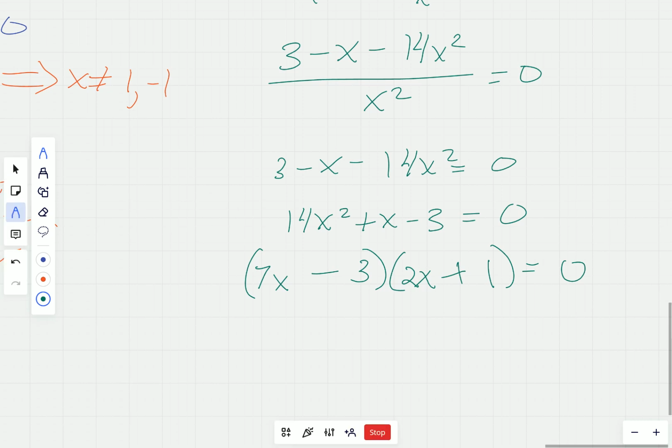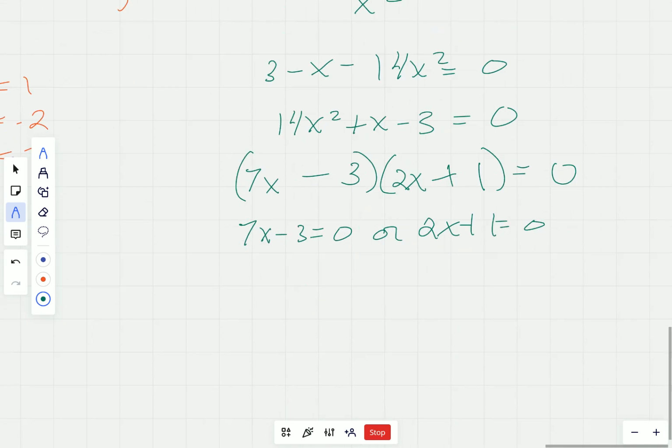Now, let's figure out what values of x satisfy this equation. (7x minus 3)(2x plus 1) equals 0 when 7x minus 3 equals 0 or 2x plus 1 equals 0. So in the first case, x equals 3 over 7, or x equals negative 1 over 2.